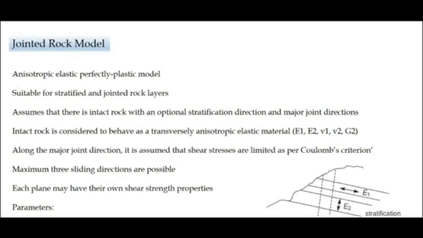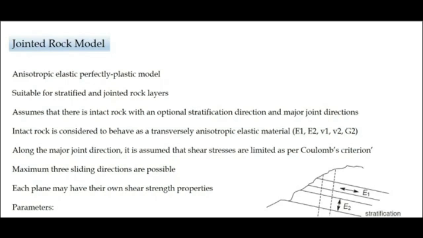This becomes important: whenever we are using the jointed rock model, the intact part is always elastic, and that is where you will need 5 specific parameters. For intact rock, you will need E1, E2, your Poisson's ratio in the first and second direction, depending upon the direction where you're going to specify, and your G2.